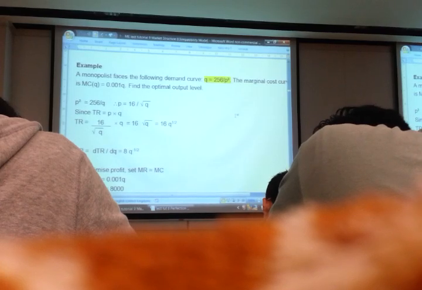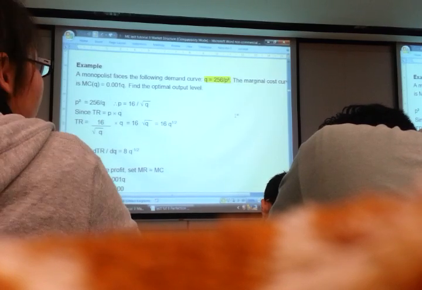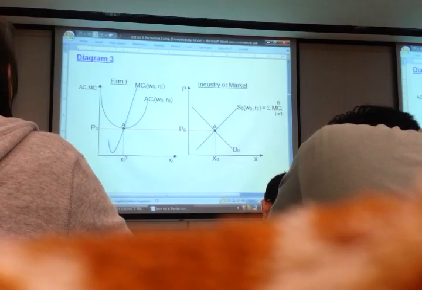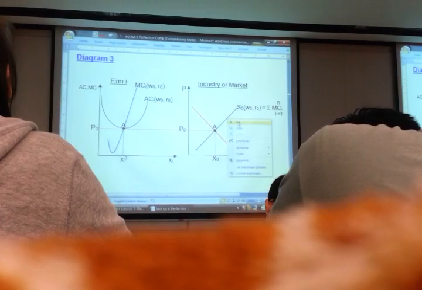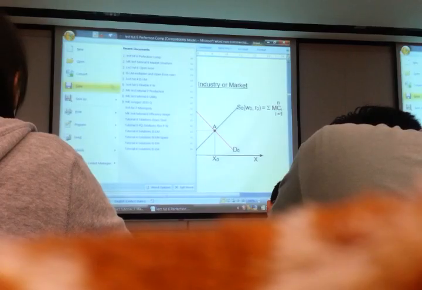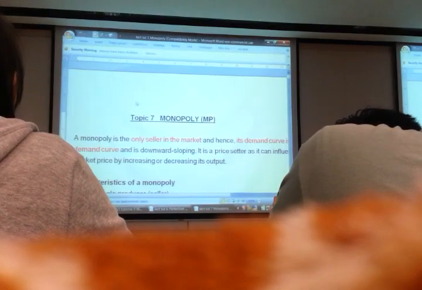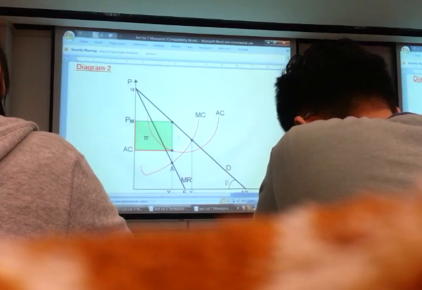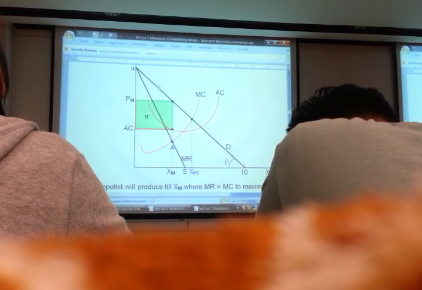To find out whether it's a straight line or not is very simple. First, the demand curve is always shown this way, downward sloping. The demand curve is always postulated in this way.